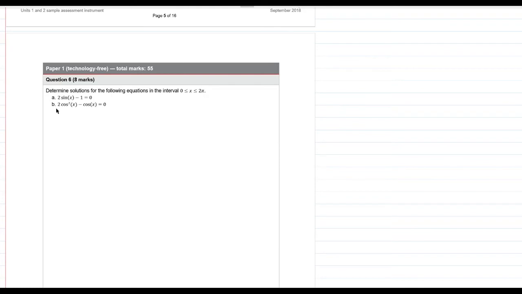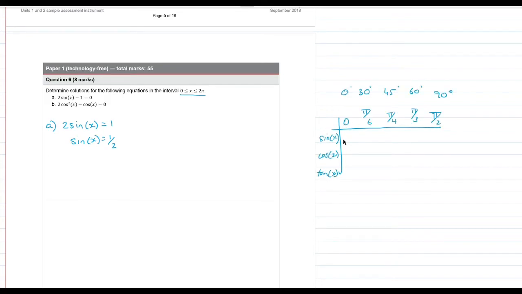Question 6. Determine solutions for the following equations in the interval x between 0 and 2 pi. So for a, if we add 1 on both sides, we're going to get 2 sine x equals 1. Dividing by 2, we're going to get sine x equals a half. So looking at our table, we know that sine 0 is 0.